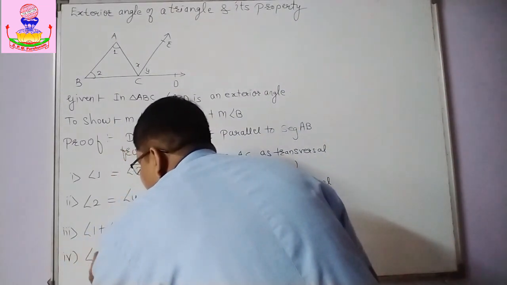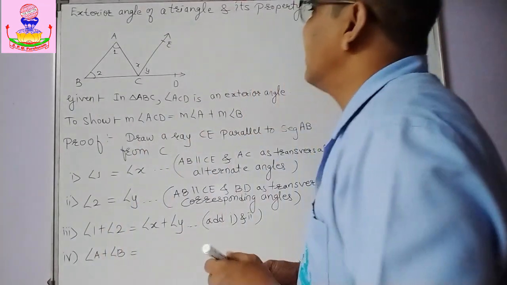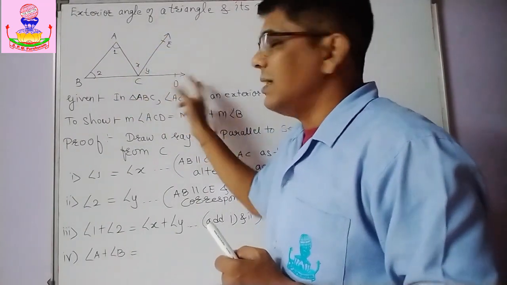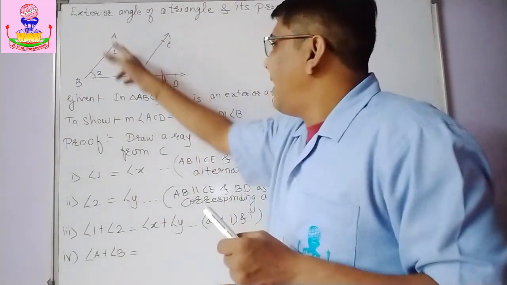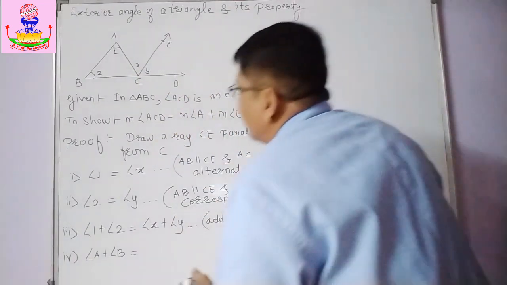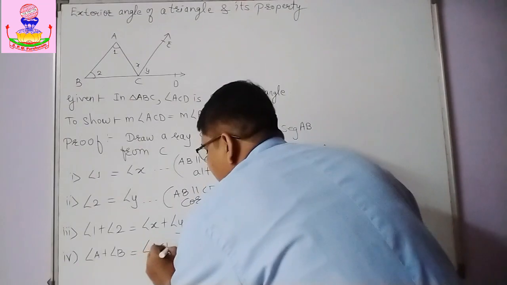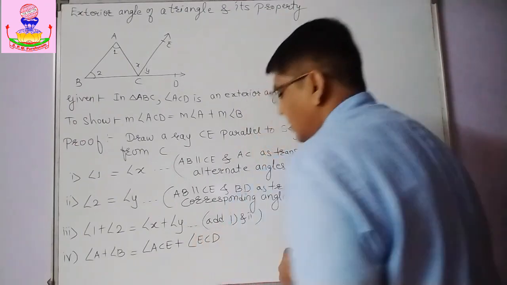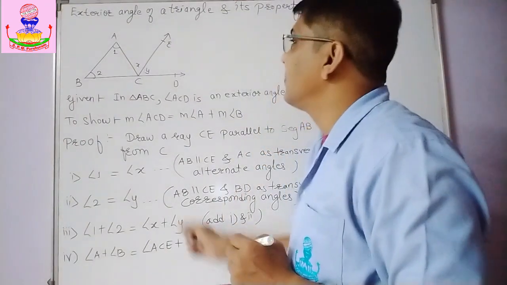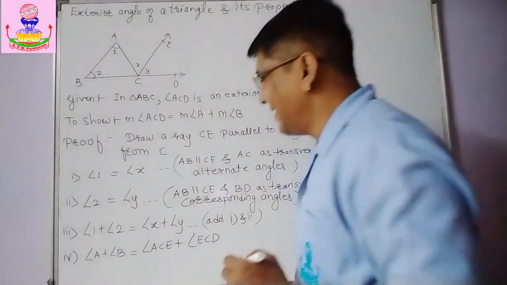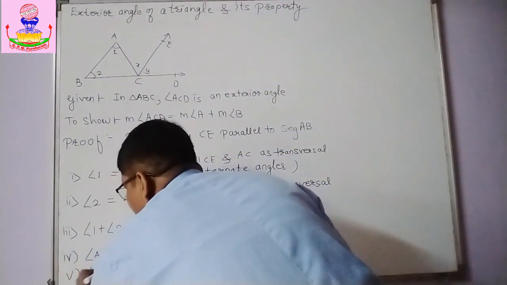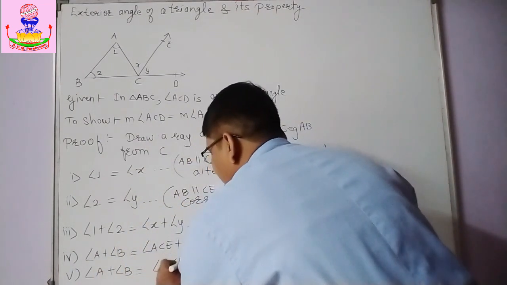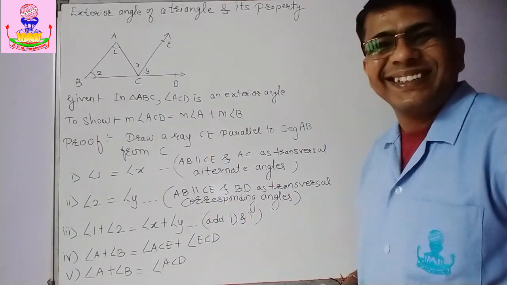So step 4: angle A plus angle B is equal to angle X plus angle Y, which means angle ACE plus angle ECD, and that means what? Angle ACD. Now angle ACE plus angle ECD is nothing but this whole angle ACD. So therefore angle A plus angle B is equal to angle ACD.